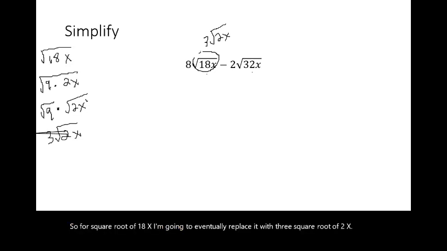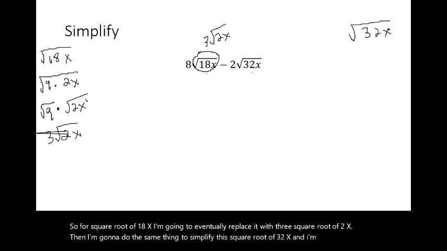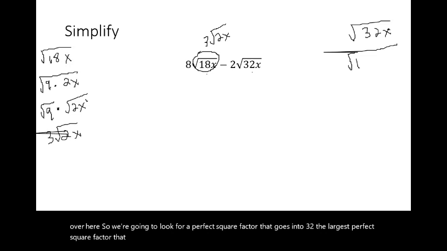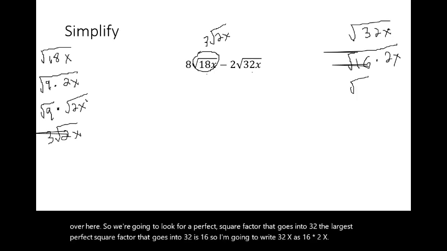Then I'm going to do the same thing to simplify this square root of 32x. And I'm going to do that over here. So we're going to look for a perfect square factor that goes into 32. The largest perfect square factor that goes into 32 is 16. So I'm going to write 32x as 16 times 2x. Then I'm going to separate this into two separate square roots.